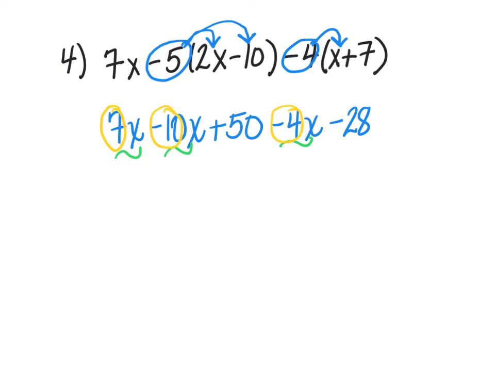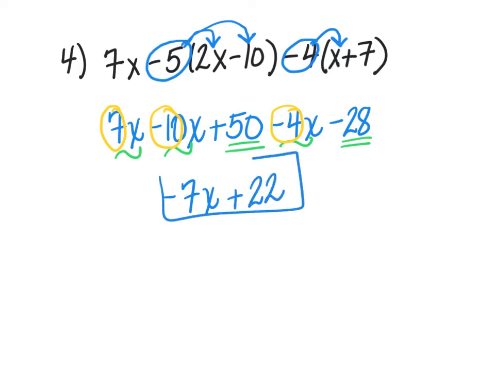So 7 plus negative 10 is negative 3, and negative 3 plus negative 4 gives me negative 7x. And then I have 50 and a negative 28. When I put those two together, I get a positive 22. So I took that mess at the top and got it down to a nice, neat negative 7x plus 22.